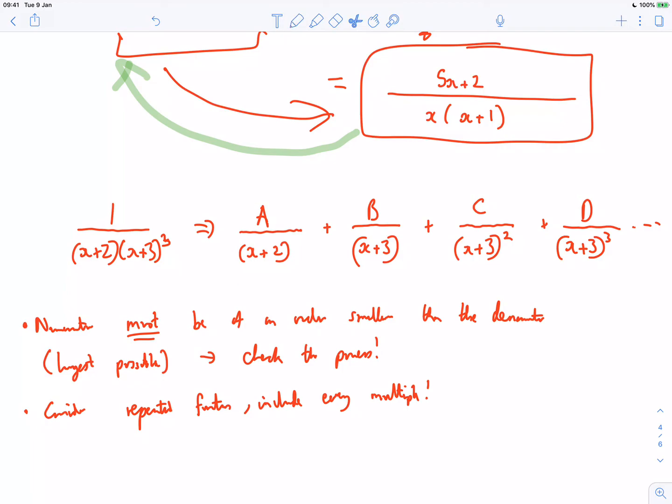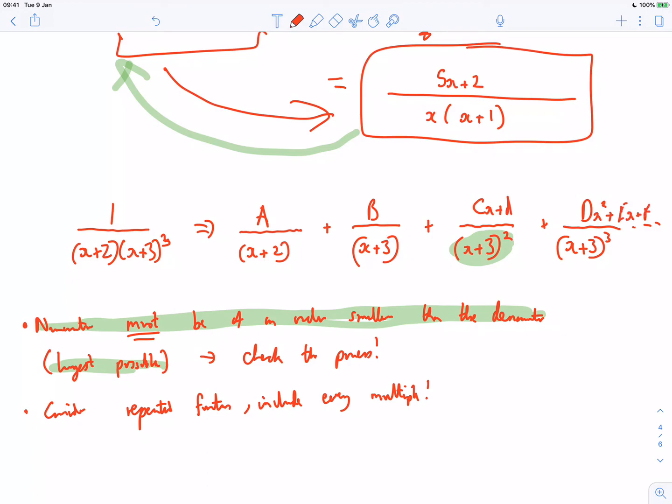Now you're probably thinking, okay, why is it that you just told me in the previous one that the numerator must be of an order smaller than the denominator, and it must be the largest possible? If we were to expand this, then we'd have x squareds on the bottom. Why don't we have linears on the top here and quadratics on the top here, and so on?